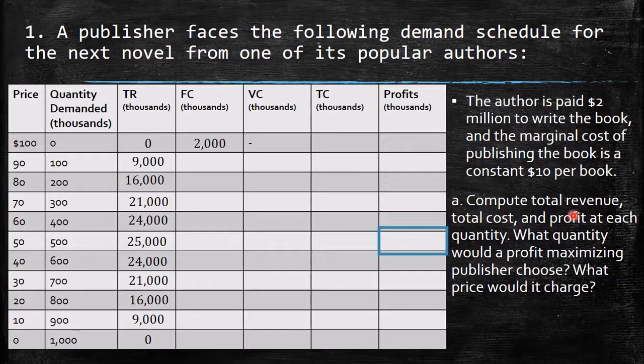Then we need total cost, but remember, total cost divides into fixed cost and variable cost. The fixed cost, remember, doesn't change when your quantity varies. Here we have the 2 million to write a book, which is the fixed cost for the publisher.